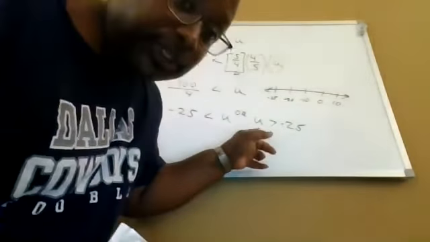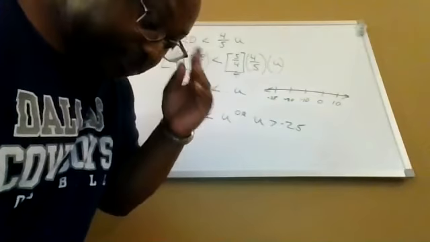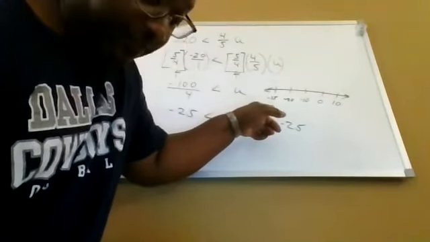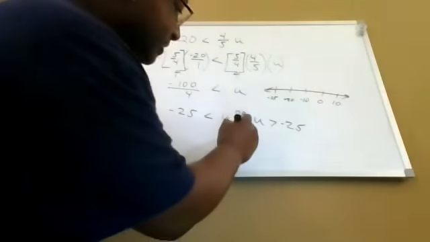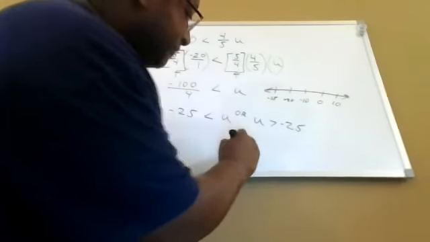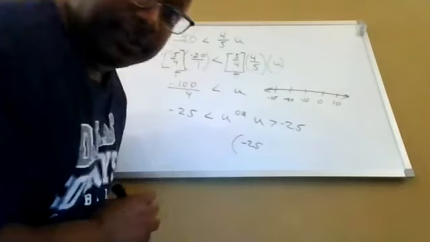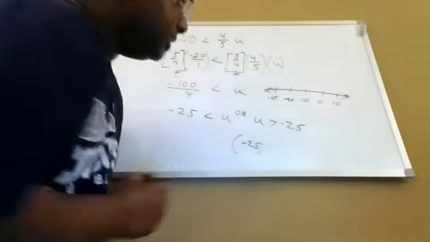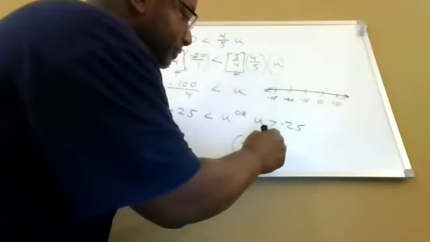Since I need u greater than -25, I know that at the point u equals -25, I'm going to have a left parenthesis, -25, comma, infinity, and then a right parenthesis.